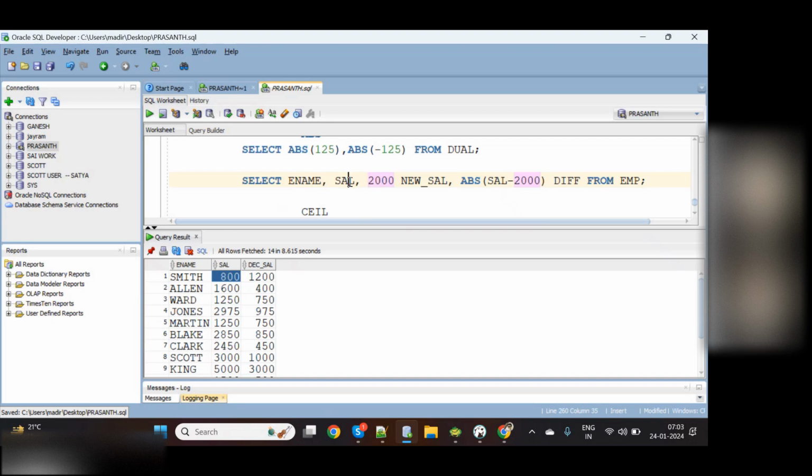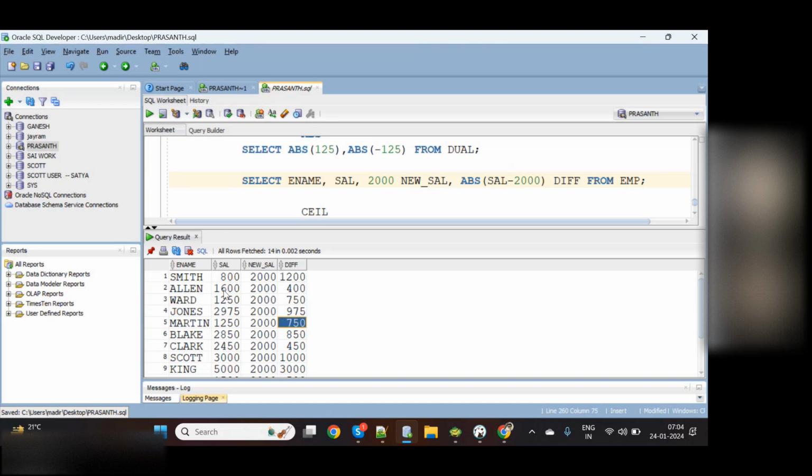Your salary is 800. They want to raise the salary to 2000 for you. What is the difference he's asking? So simply you are applying absolute sal minus 2000. The difference you are focusing only in positive. For 800 the difference is 1200. Although it is negative, you are showing it as a positive difference.